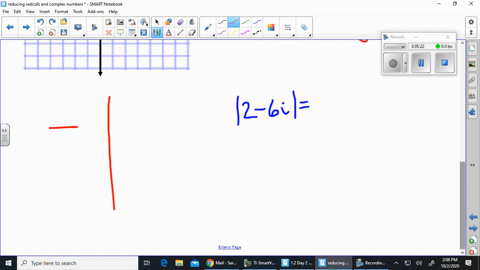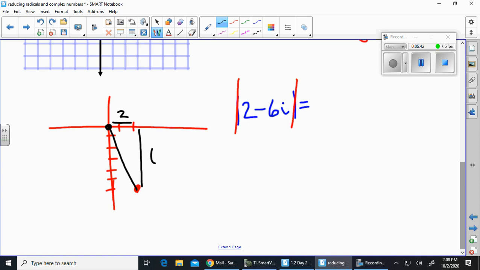Now, if it does not come out nicely, you reduce your radical. So if I just draw a generic picture here, this is the absolute value of 2 minus 6i. Right 2, down 6. How far away is that from the origin? That's 2, that's 6.